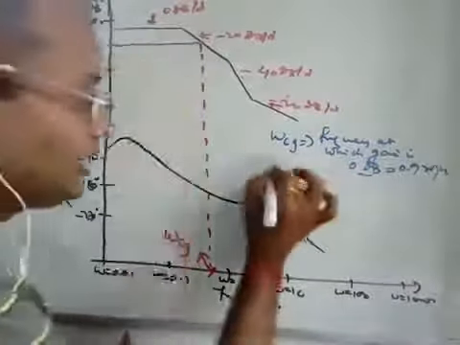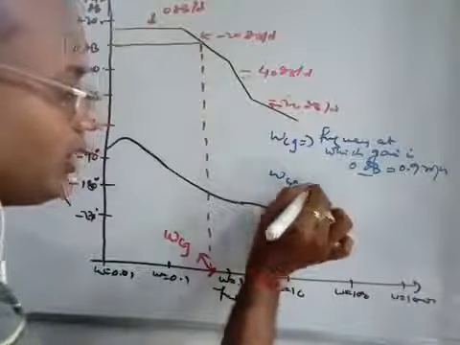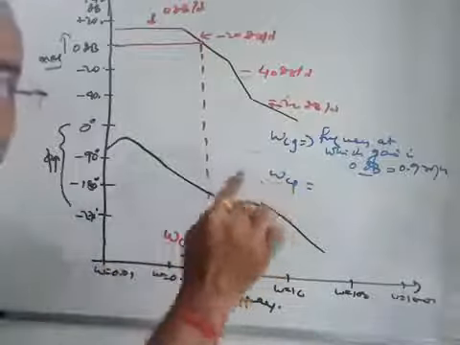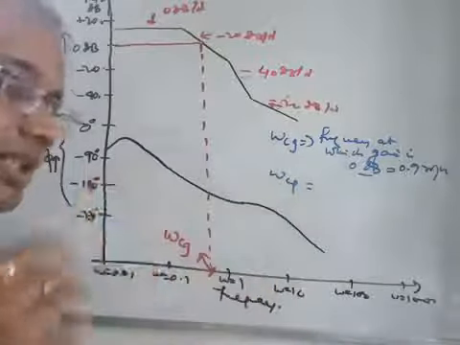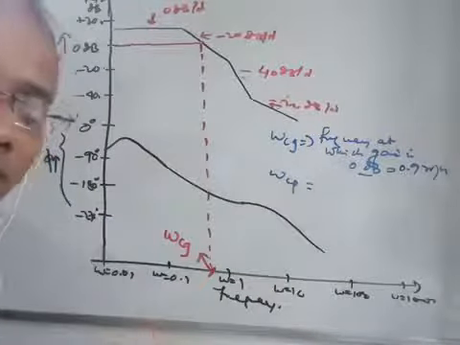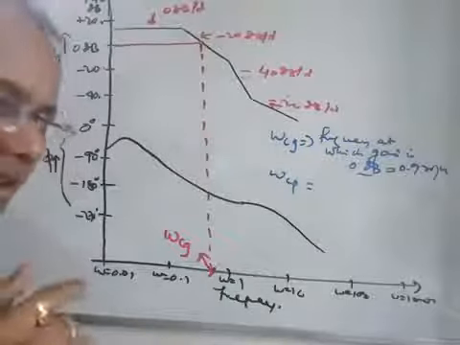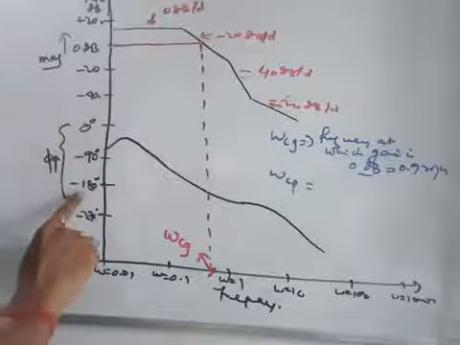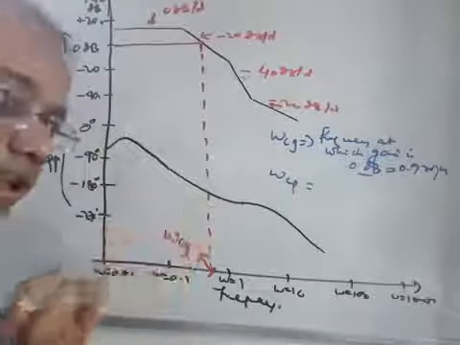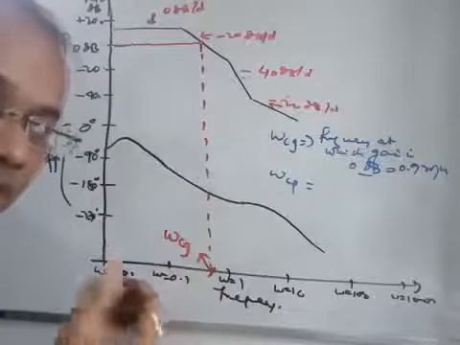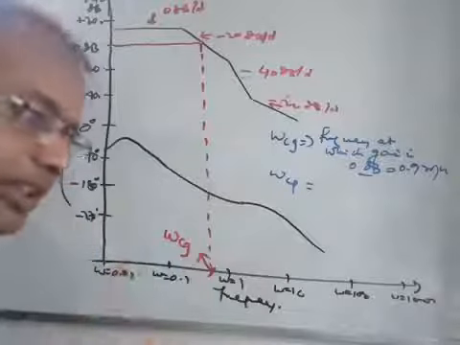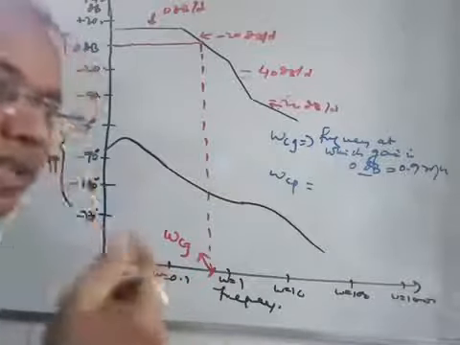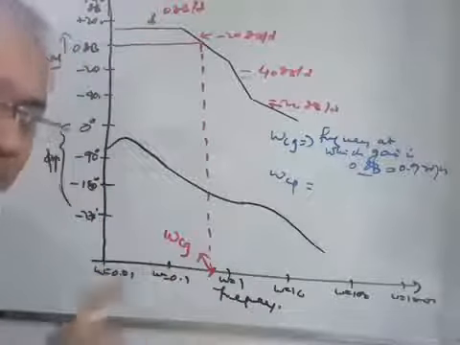Next thing is omega Cp. These are the two parameters. Omega Cp means phase crossover frequency. Phase is standardized with respect to the minus 180 degree line. If you remember, in the last class we discussed this minus 180 degree line, and we made the table of phi versus omega in such a way that if there is a possibility of getting minus 181, or minus 180.1, like that, that was our aim.